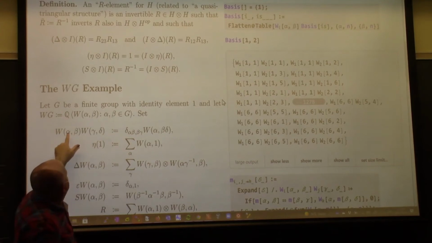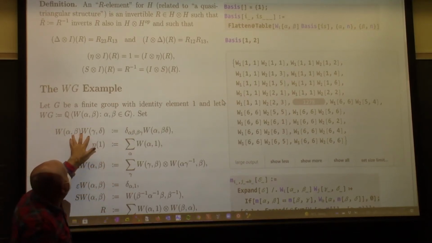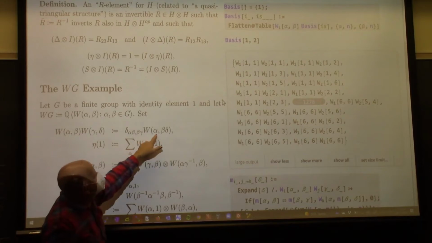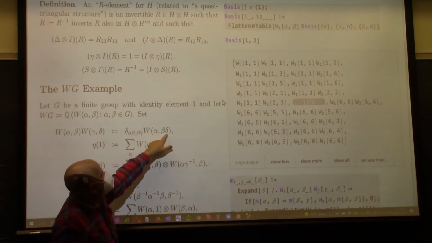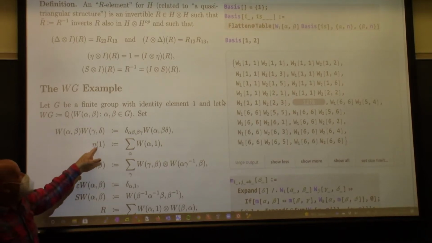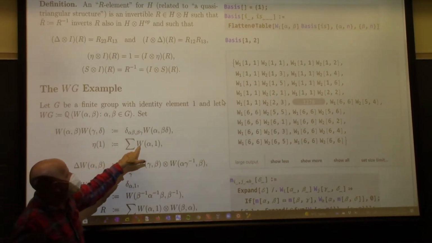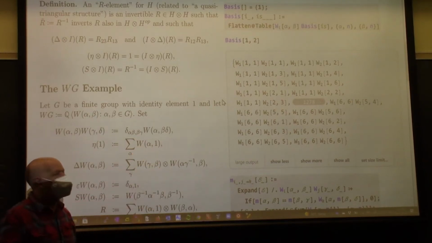So you compare the product of alpha beta with the product of beta gamma. If they are the same, it's 1, otherwise it's 0. So if they are the same, you take W of alpha and then beta multiplied by delta. Then eta, the empty strand, is defined to be the sum over alpha of W alpha 1.